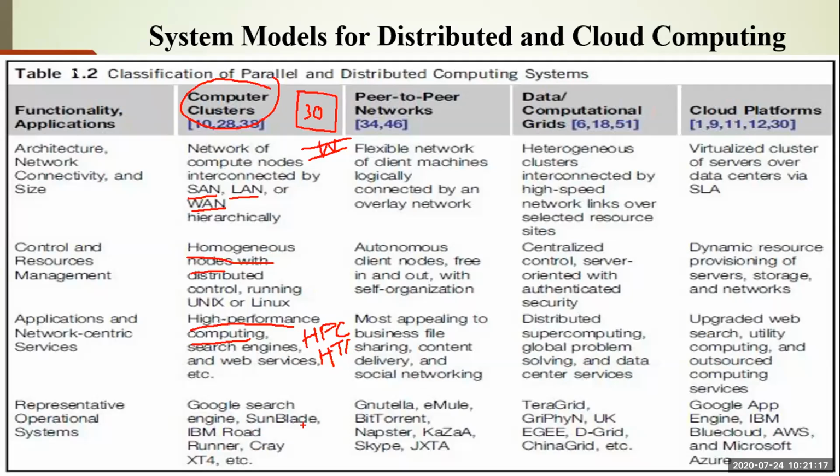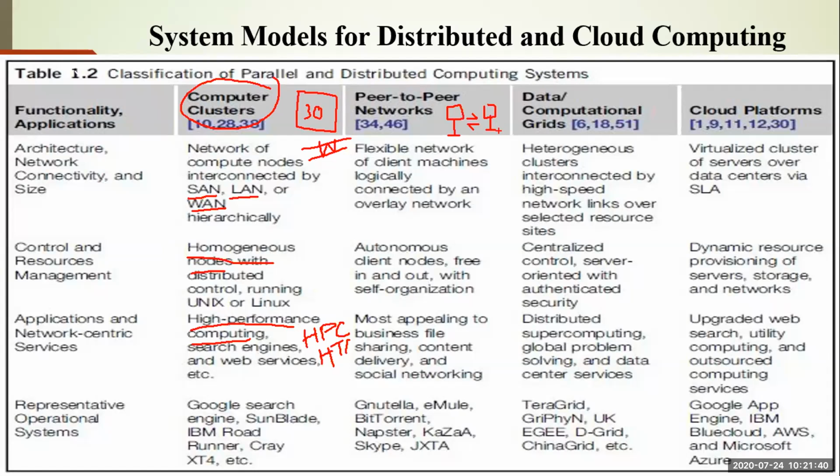Similarly, the second one is called peer-to-peer network. In a peer-to-peer network, for example, this is one peer, this is another peer, and they want to exchange some information, right? Note that in a peer-to-peer system, these computers are autonomous in nature. What do you mean by autonomous?